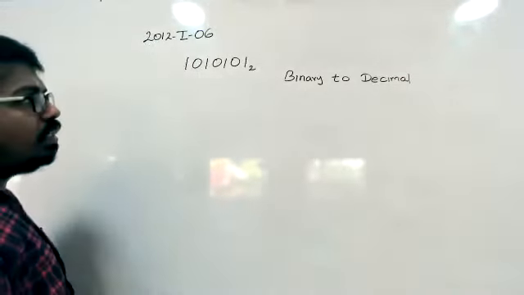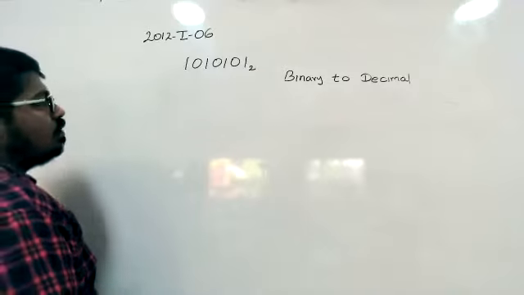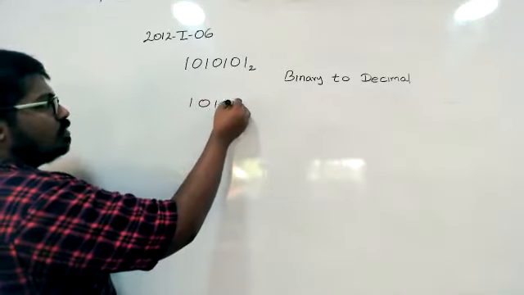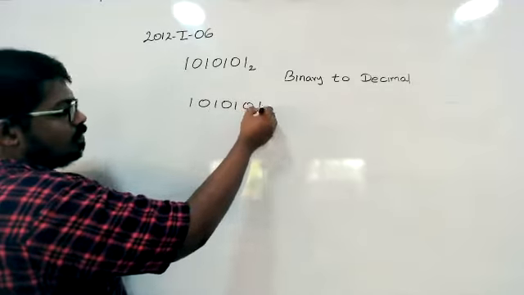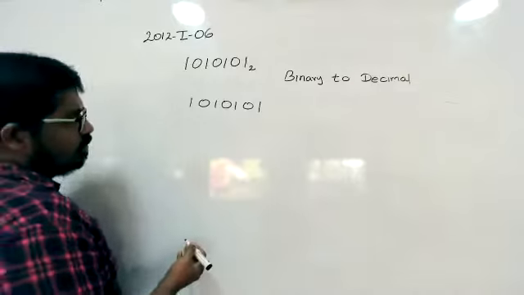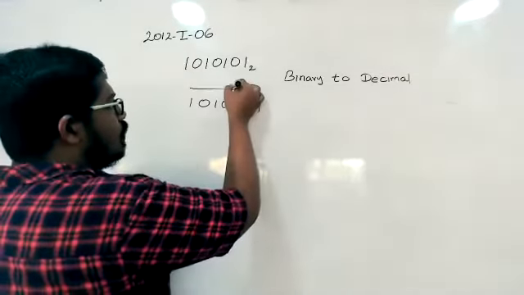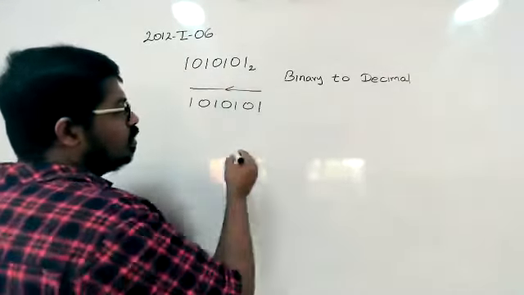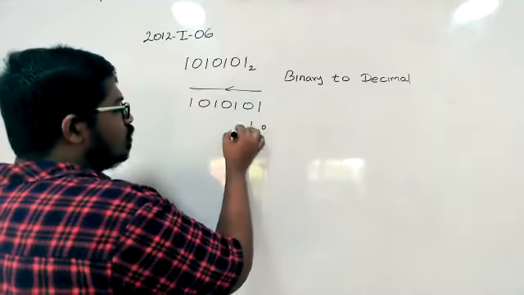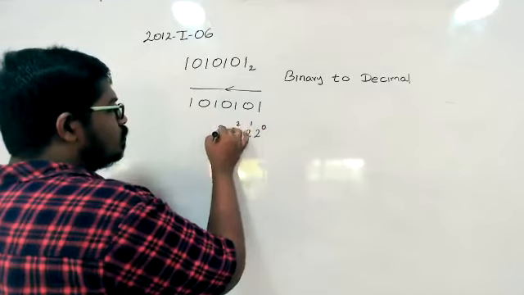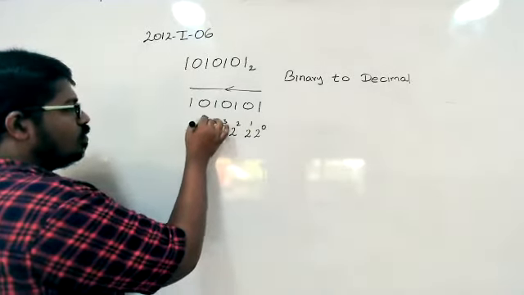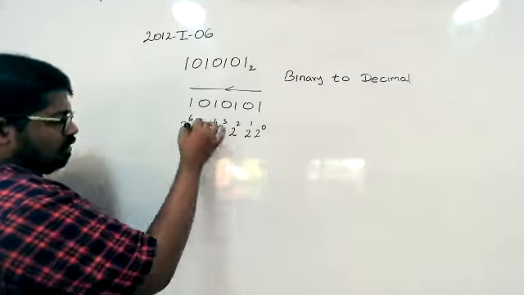When we perform a binary to decimal conversion, we have to multiply each and every digit by 2 to the powers from 0 to a certain level. So you have to put the powers 2 to the power 0, 1, 2, 3, 4, 5, 6.